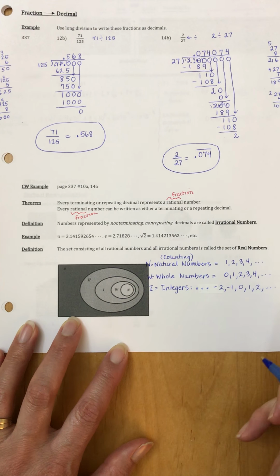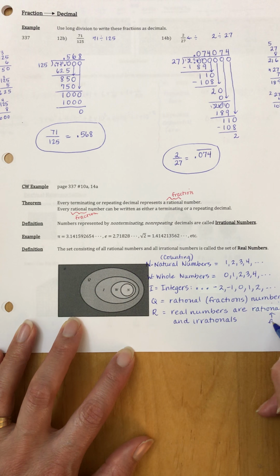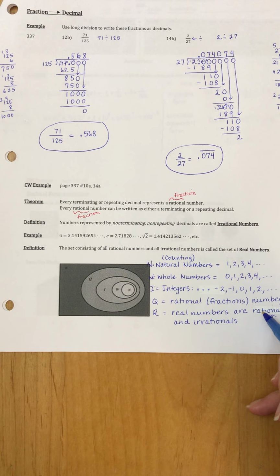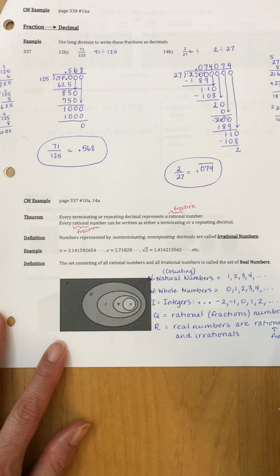Let's first call it rational and irrational so you can kind of remember it that way. But just remember that means fraction. Okay, so they would be numbers that can be written as fractions and all these crazy ones that we can't write as fractions because they don't end and they don't repeat. Okay, that's it for this section. Go back and make sure you complete your classwork, those last two problems.